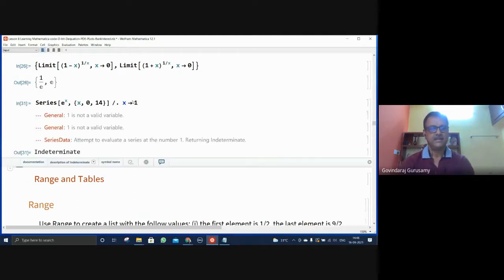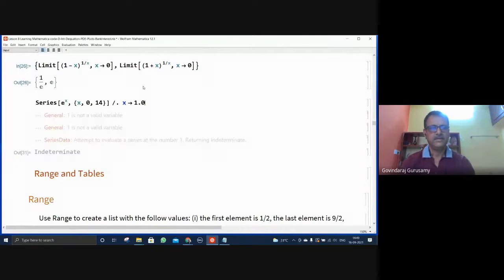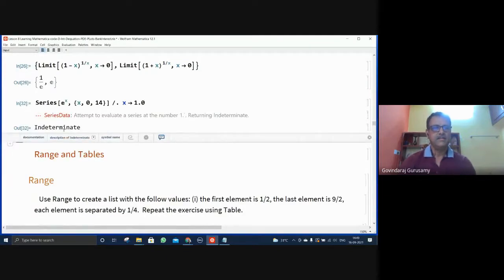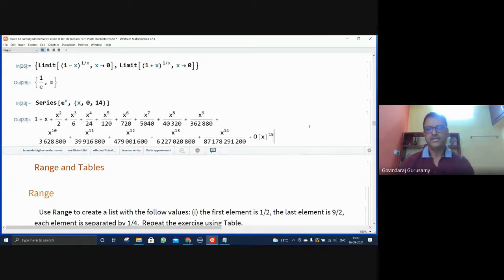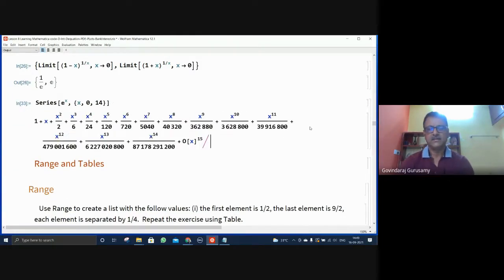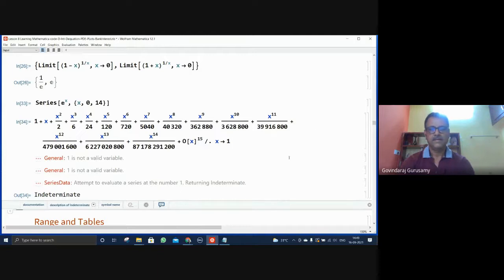Correct? 1 is not a valid number. Why? Why not? I think you have to expand it and then make the substitution. See what's happening. Substitute here x is equal to 1.